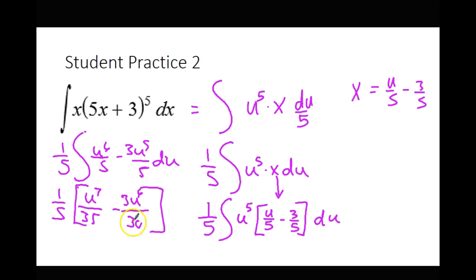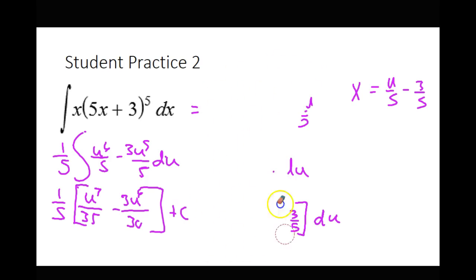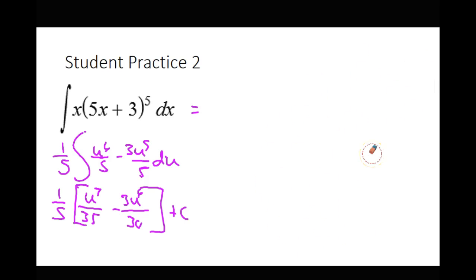This reduces, doesn't it? Let's reduce it. How about 3 over 30? It'll be u to the 6 over 10.